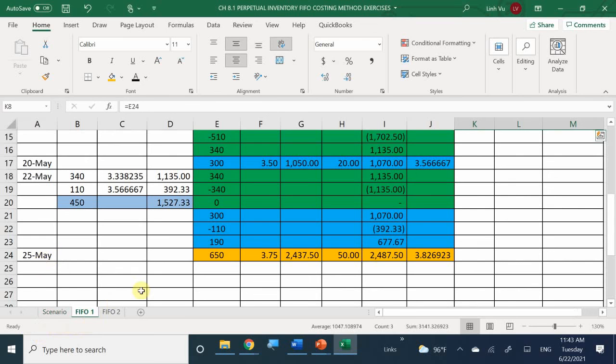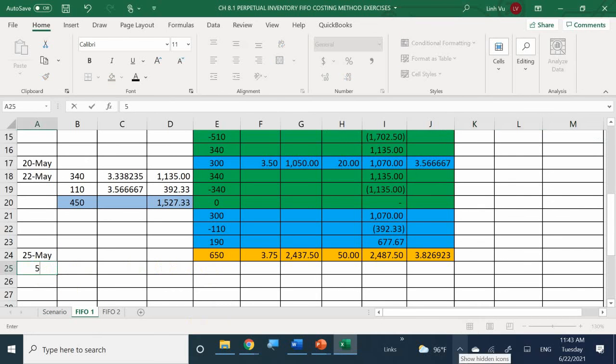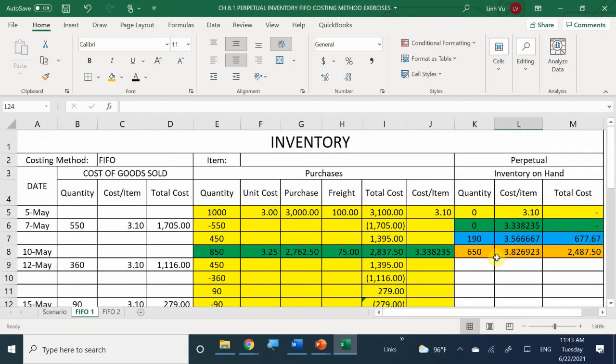Now let's take a look at our batches of inventory. We have blue and we have orange. Do I have enough in my blue batch to sell a total of 740 items?